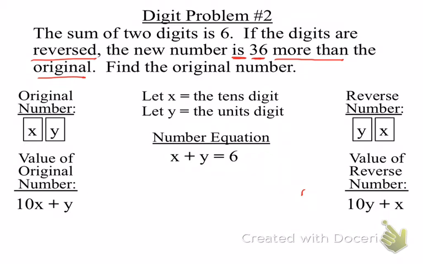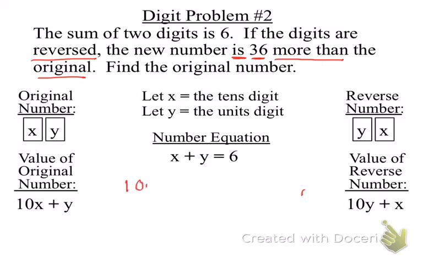How about Ted? For reverse, you would write... Okay, I'll call on somebody. No, I've called on you. How about Natalie? It would be 10y plus x.